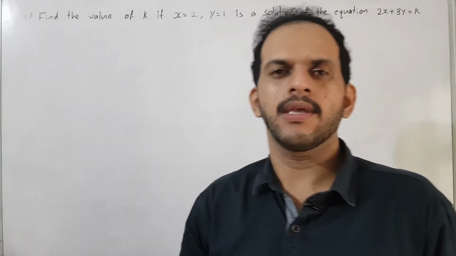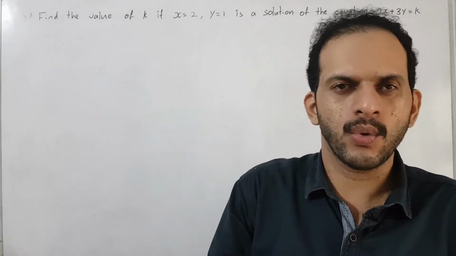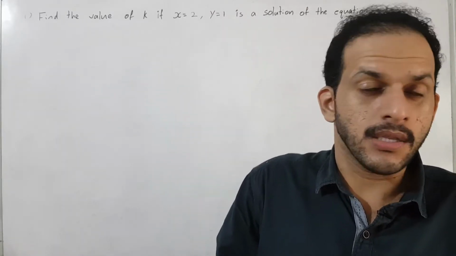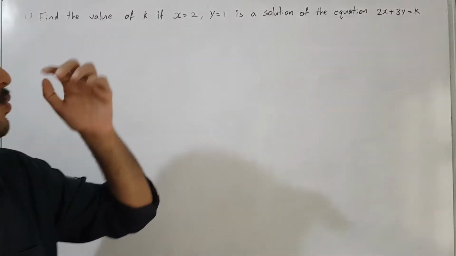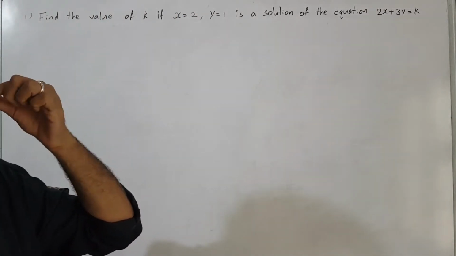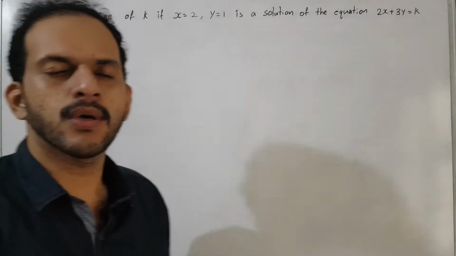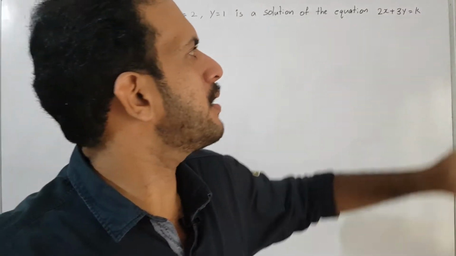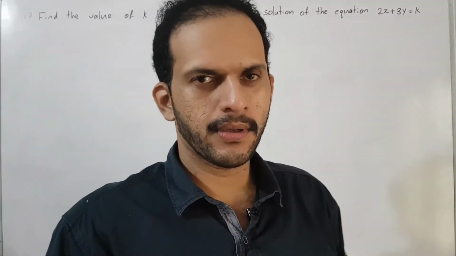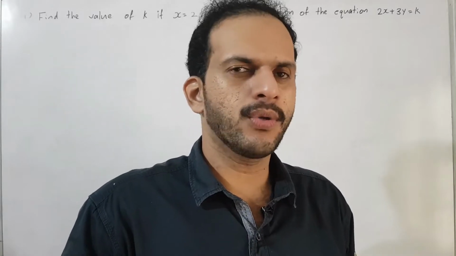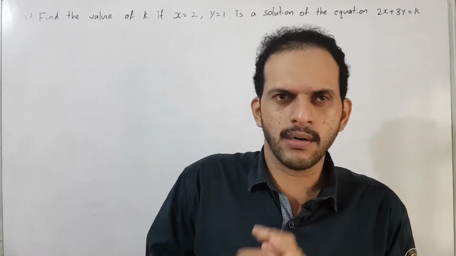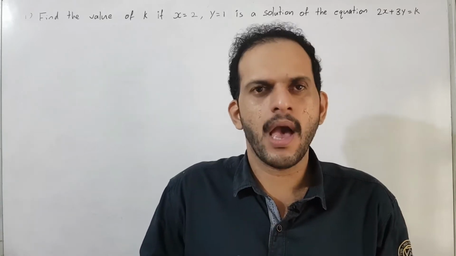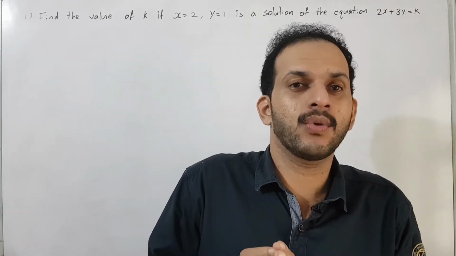Here it is already given what the solutions of this equation are. The solution is x is equal to 2 and y is equal to 1. What does the question ask? It asks to find the value of k. Correct? That is very easy. In the equation, the value of x and the value of y that are the solution are already given.